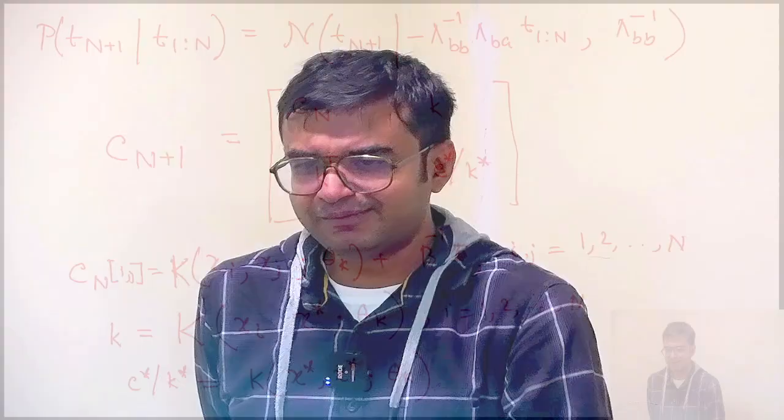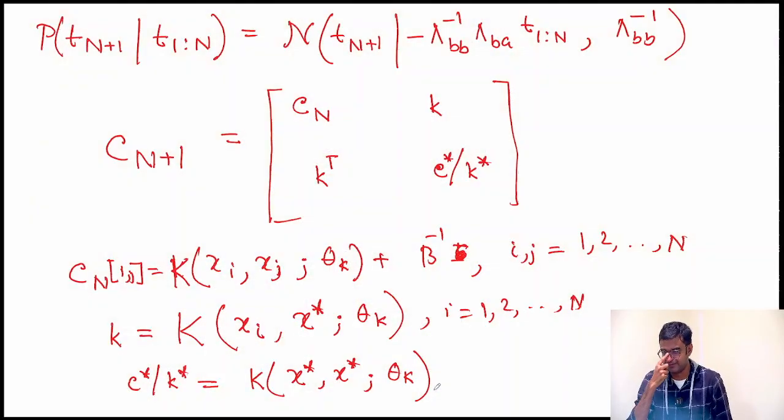One small thing I am skipping, I might cover it next lecture, I might not, is the relation between C and lambda. There is a closed form relation that you can find out. That's in the slide, but the derivation is not. I do not have time; I think writing the algorithm is more important than that derivation. It is a small derivation, but you need to know the Woodbury matrix inversion identity.